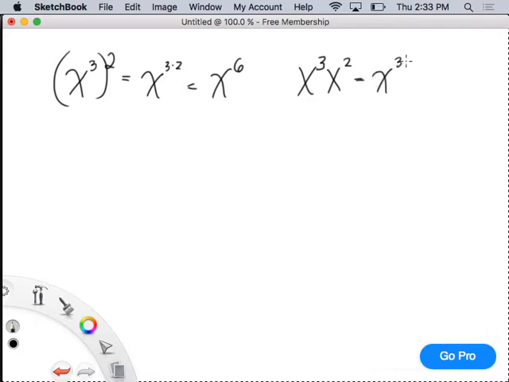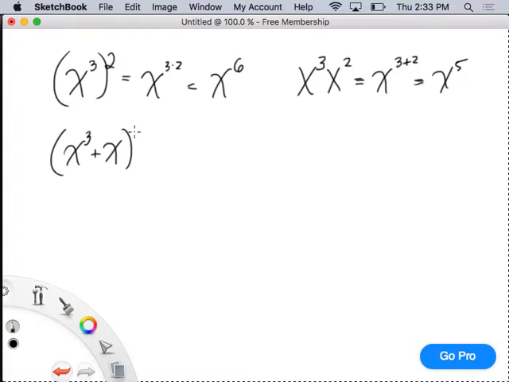That's x to the 3 plus 2 equals x to the 5th. What if it were x to the third plus x to the second? Then they just stay separate because they're different terms. Good question.